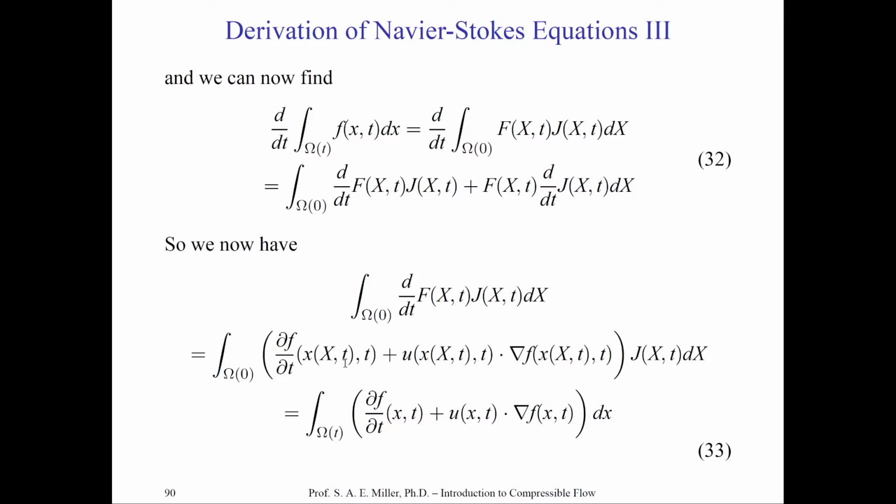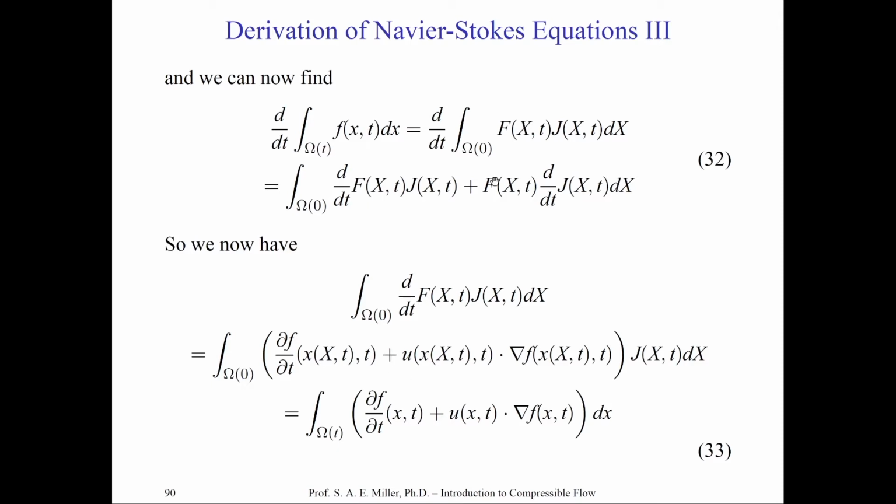Now let's try and relate the integral of dfJ at Omega 0 to some Omega at a later time. Remember our relation, of course, of the Jacobian and the partial derivatives.